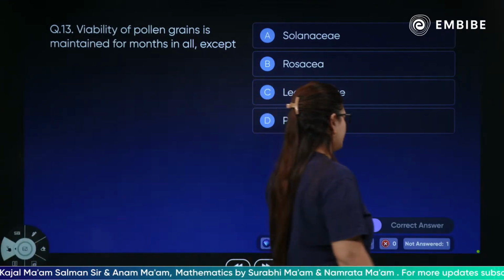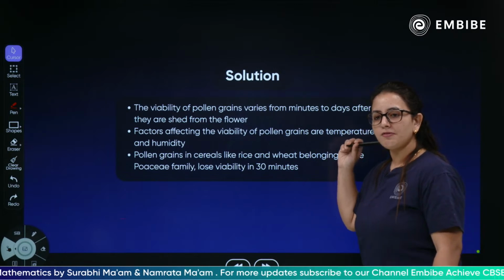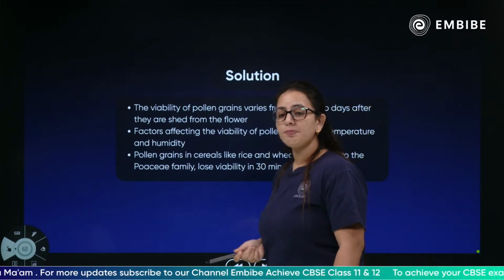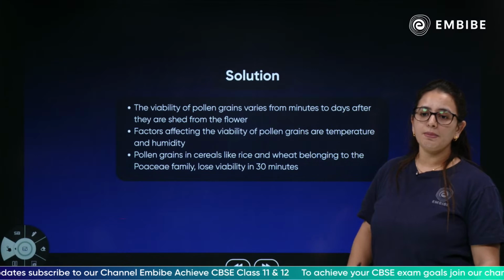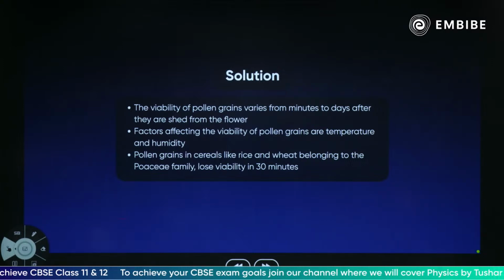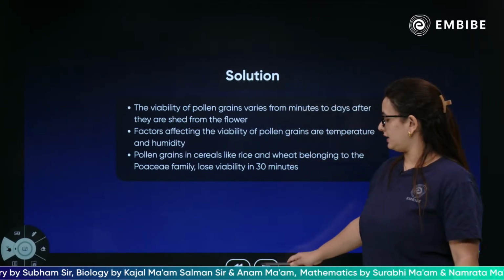The viability of pollen grain is maintained except in the Poaceae family. For Poaceae, the cereals like rice and wheat, pollen basically loses viability in 30 minutes. They are only viable for 30 minutes.